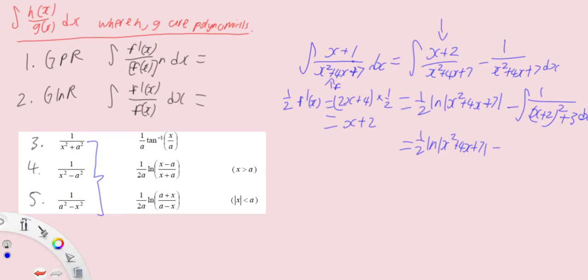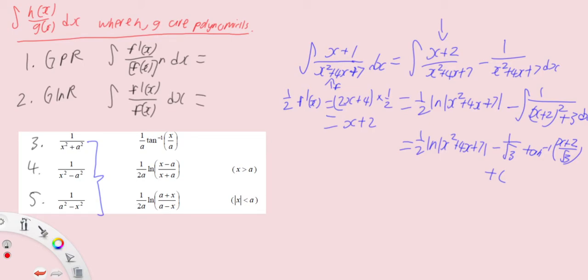So we notice that our a squared here is 3, so a equals root 3. That means you get 1 over root 3 tangent inverse of x plus 2 over root 3, not forgetting your plus c.